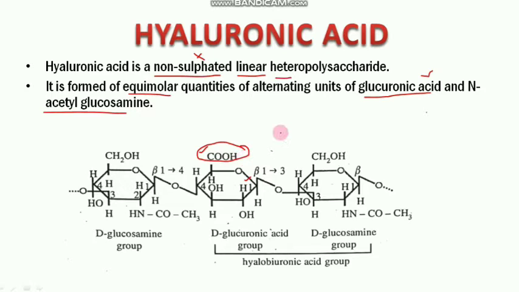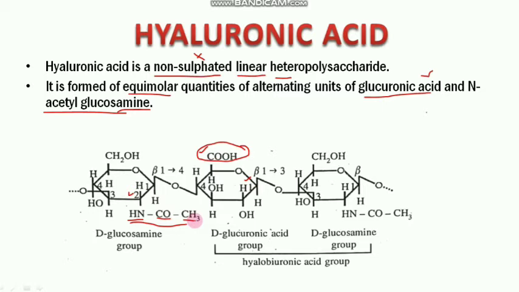From the name itself, we can see that it is an acetylamine derivative of glucose. Here, at the second carbon of glucose, there will be acetylamine attached instead of OH. So you can find it here at the second carbon, we can find NH, double bond O, CH3.